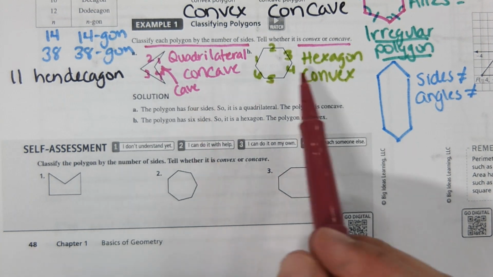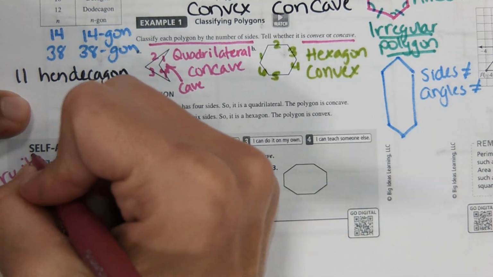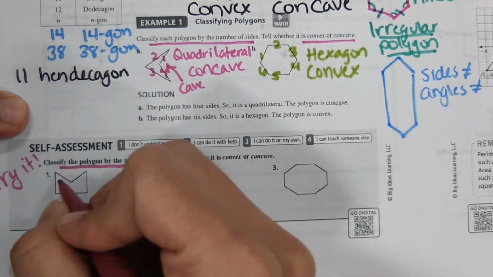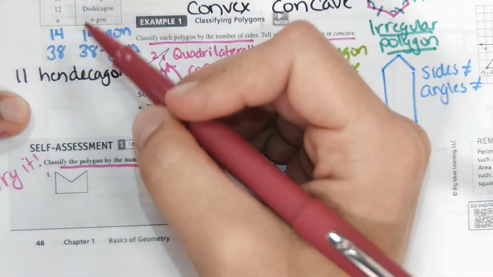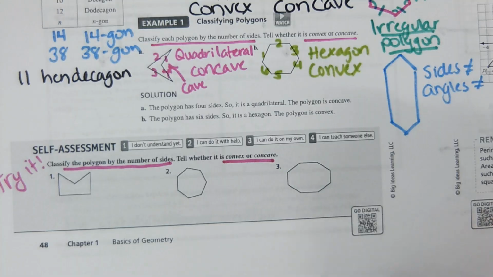Okay, so that skill right there, we're going to do that same thing here. I'm going to have you try it. So you try it. Classify the polygon by the number of sides. So count the number of sides. Use the chart if you need to classify it. And then tell whether it's convex or concave. I'm going to freeze mine. I'm going to put my answers in and then we'll compare.